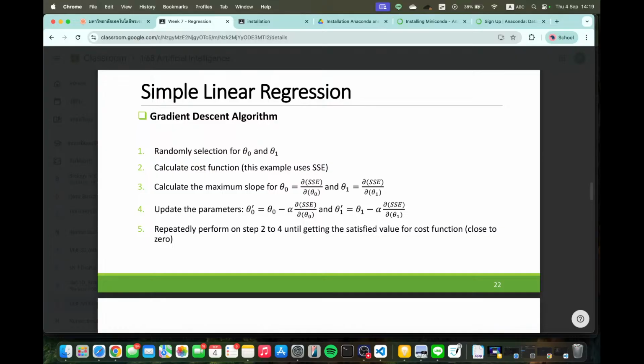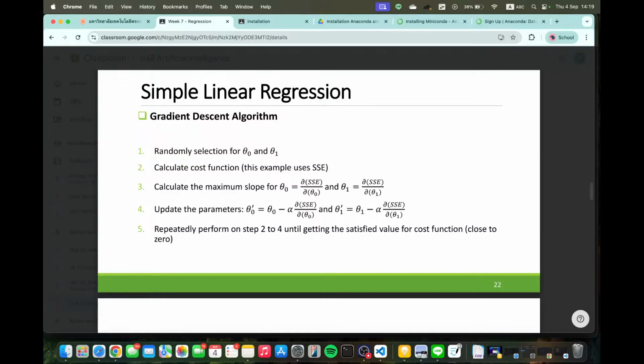And y predict can be affected by theta 0. Theta 0 is in the y predict equation, and in the y predict equation you have the sum square error. So this term is the same as the first term here. So it means you can get this one.